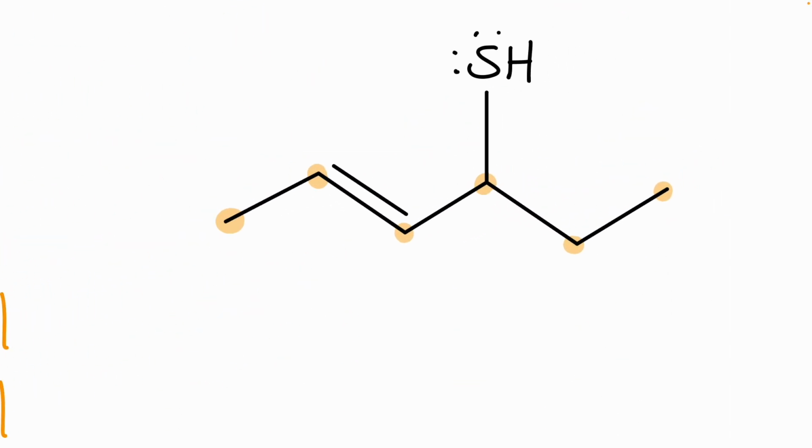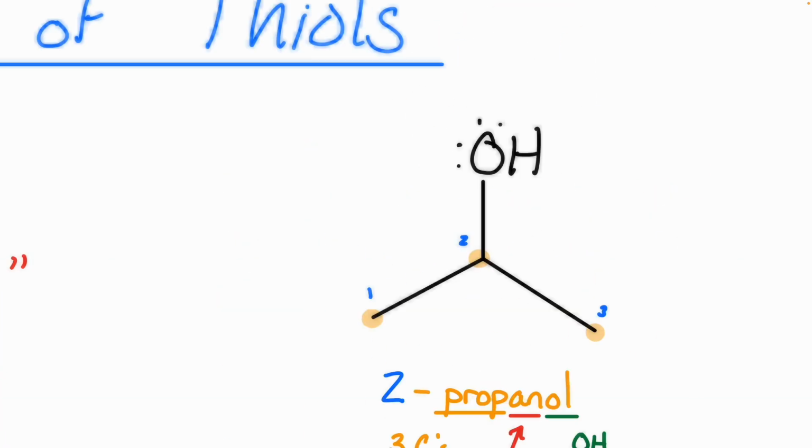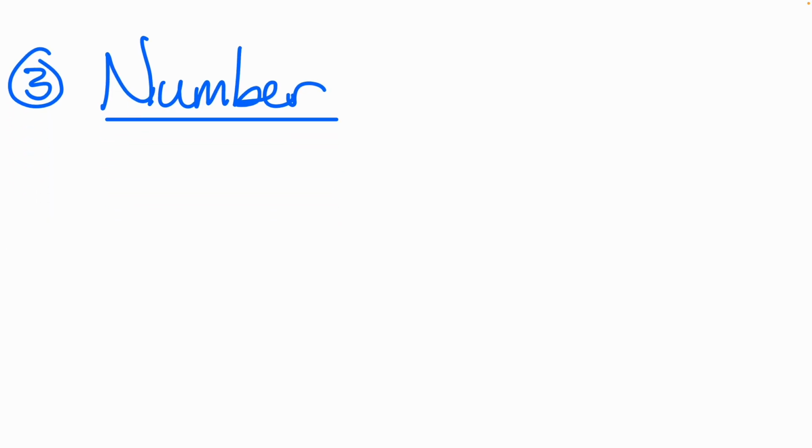So let's put in our two numbering schemes here. Which one of these numbering schemes is correct here, red or blue? Red. And why red? Because that thiol group has priority, exactly. When we number our parent chain, we're going to prioritize that highest priority group.